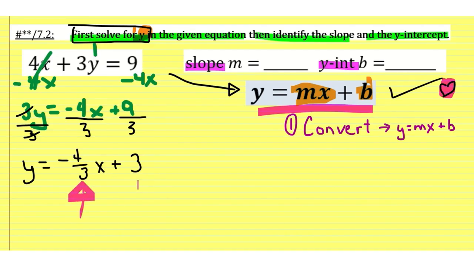That will be my slope, and my constant right here, 3, is going to be my y-intercept. So m is negative 4 thirds, and 3 is my y-intercept. So those are my answers.